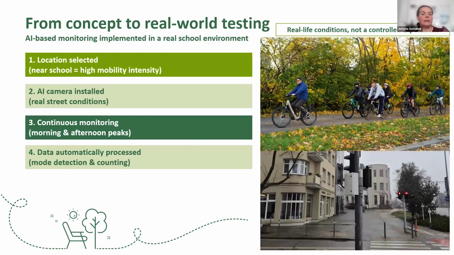The data was automatically processed to detect modes and count flows, and we've had a special dashboard with the concrete numbers. This was happening in normal city conditions with all the variability that comes with it, and we know that it's real time, real city, and real data.